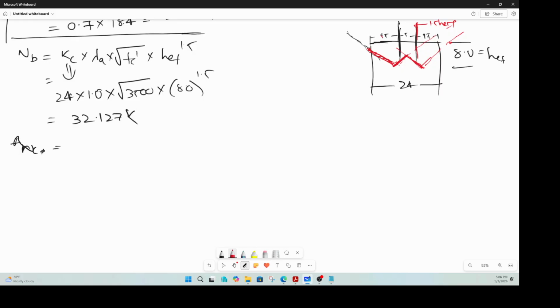So in short, the compound failure surface will be like this, but then Anc is not about that area. Anc is the projected area of this onto the edge, right? So that is the edge, project it. That means in plan view, you're talking about 24 by 24, right?